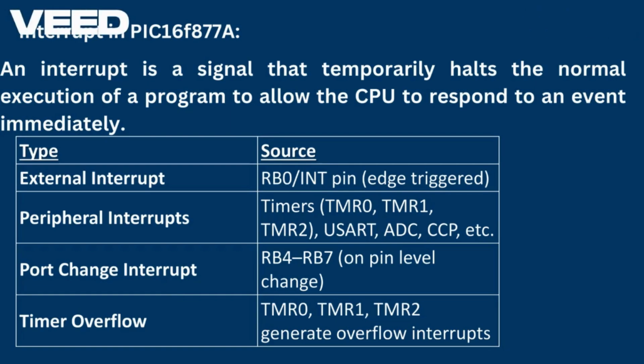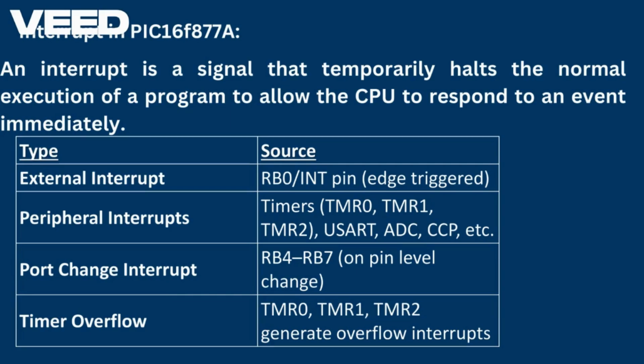In that case, we use interrupt. In simple words, an interrupt temporarily stops a particular event and performs another important event which has higher priority than the event which was being executed.